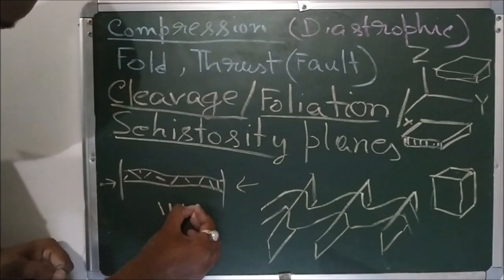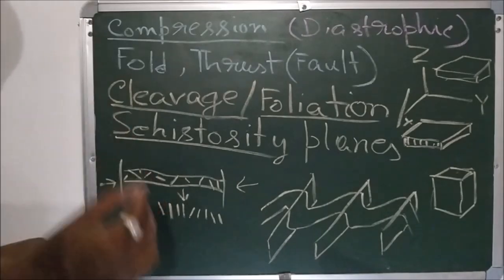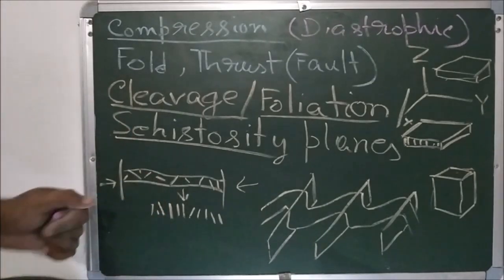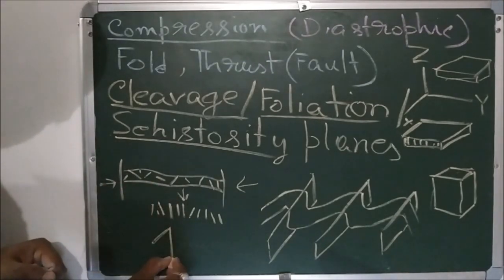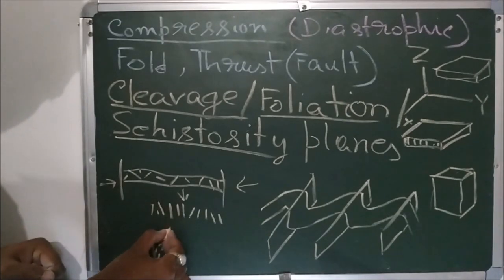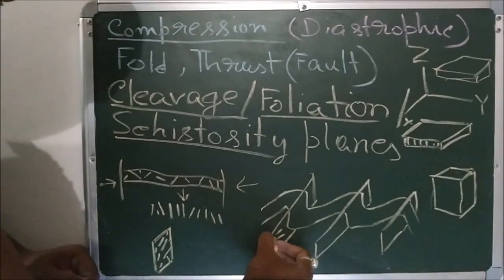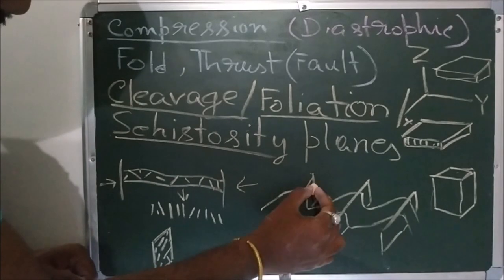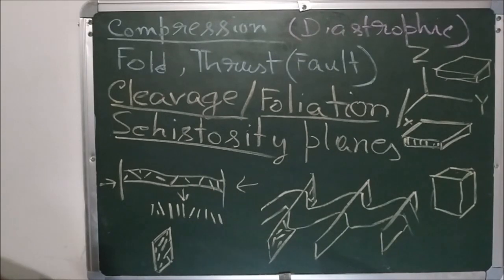So this kind of arrangement will form in response to compression. That means they will show a preferred alignment along some planes. In these planes, biotite or muscovite or amphibole platy minerals will orient themselves and the concentration of those platy minerals will be more. In this way, they form the foliation or cleavage.